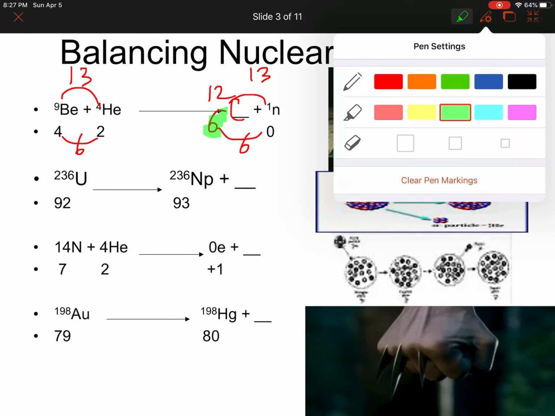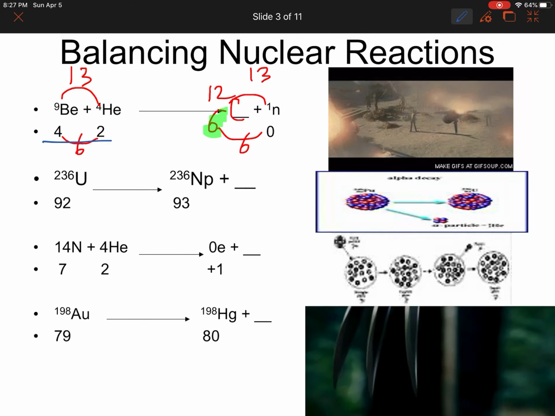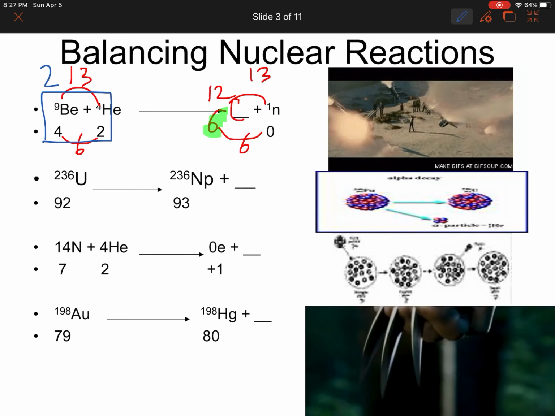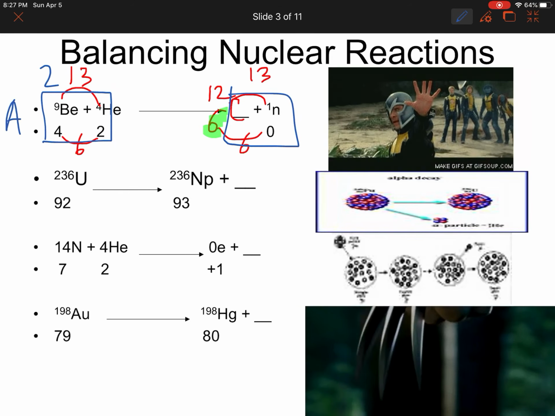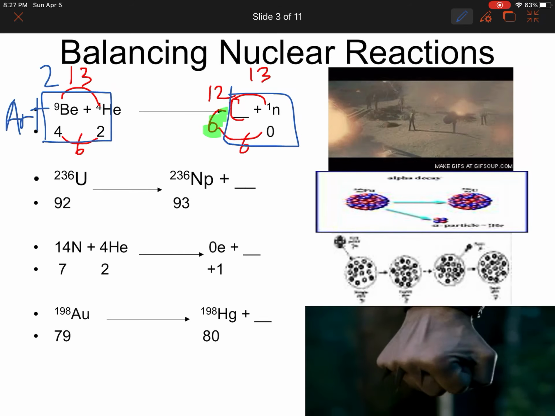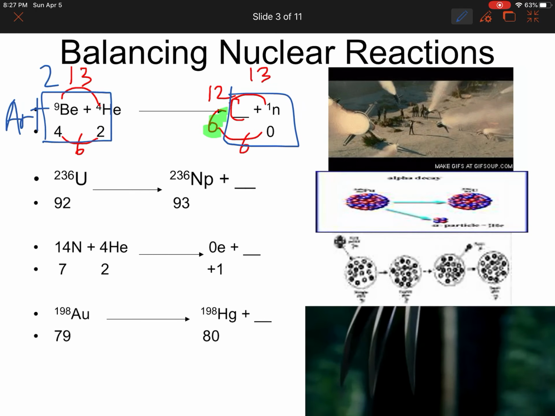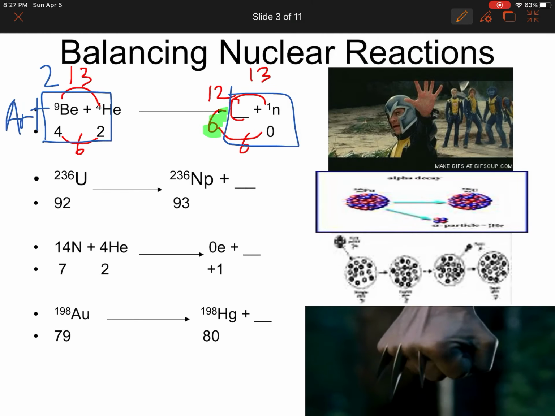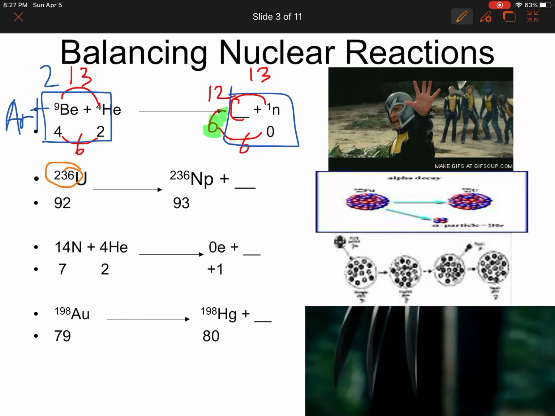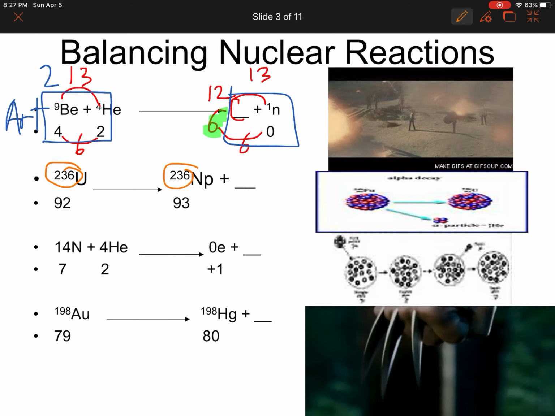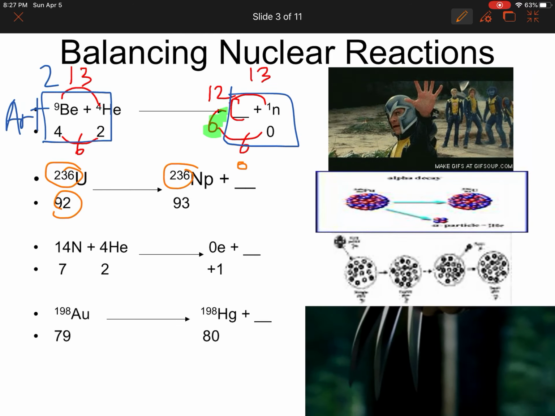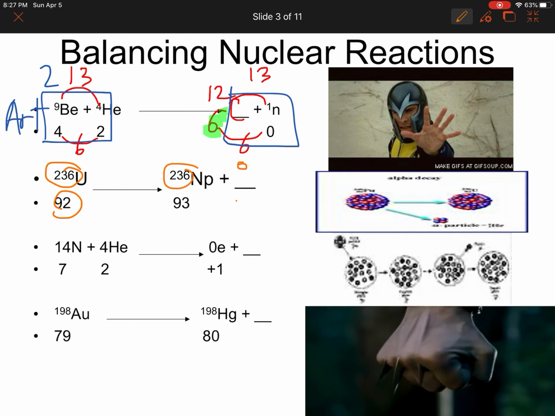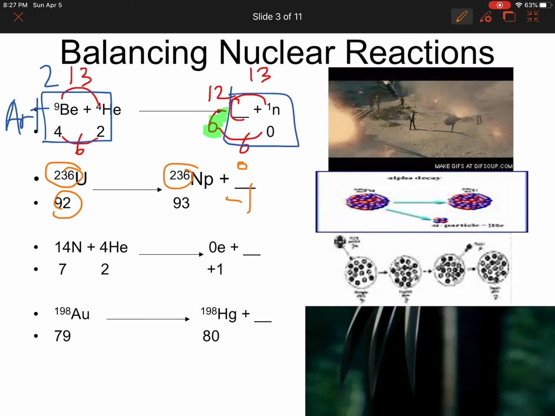All right. Quick recap. We just said when you have 2 on the left and 2 on the right, is that natural or artificial? That's right, artificial. Okay, let's do the second one here. The mass is 236 on the left. Well, 236 + what gives me 236? 0. 92 is on the right and 93 on the left. 93 + what's 92? 93 - 1.